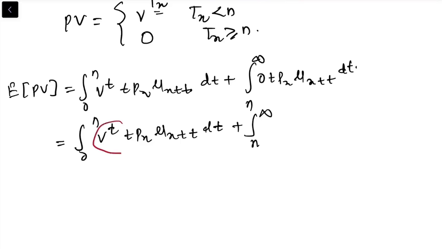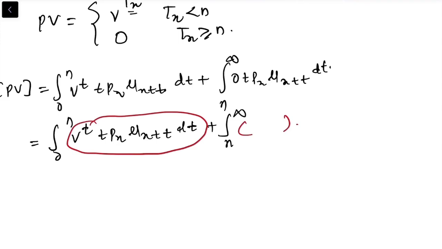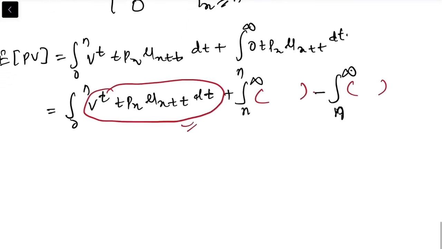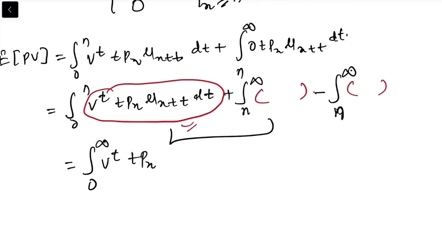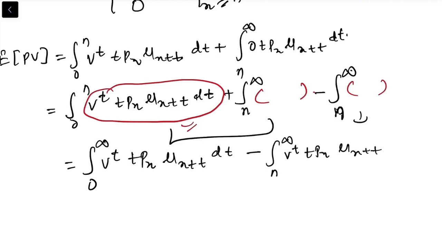You can simply copy this whole term inside, and then again subtract n to infinity and this whole term over here. So this is simply addition and subtraction of the same term. Now combining these two terms, we get 0 to infinity of v^t tpx mu(x+t) dt minus this term, n to infinity of v^t tpx mu(x+t) dt.